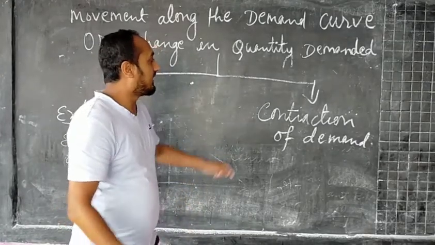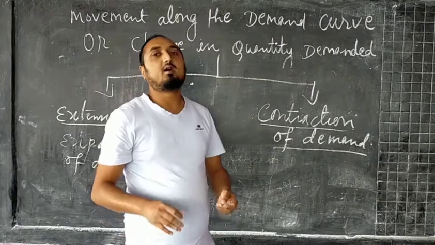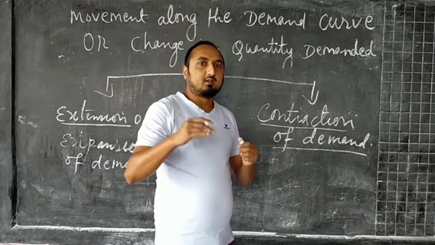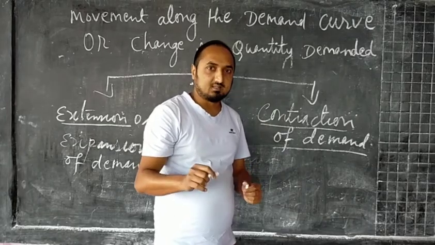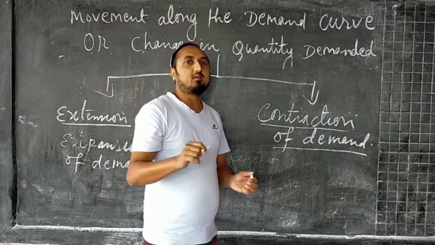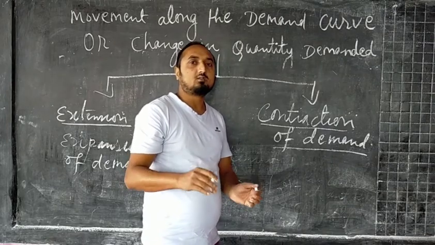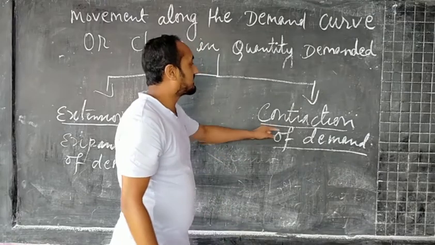Next we have contraction of demand. When the quantity demanded of a commodity decreases due to a rise in the price of the commodity and the other determinants remain constant, it is known as contraction of demand.